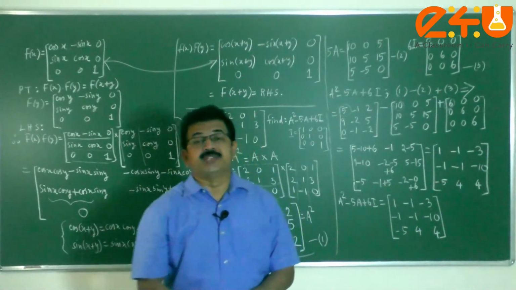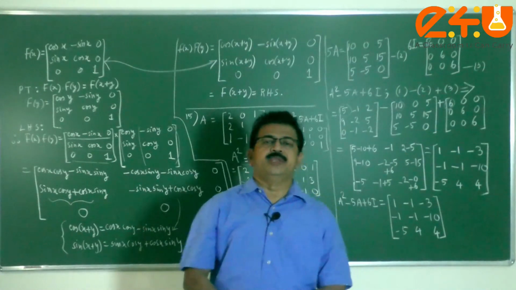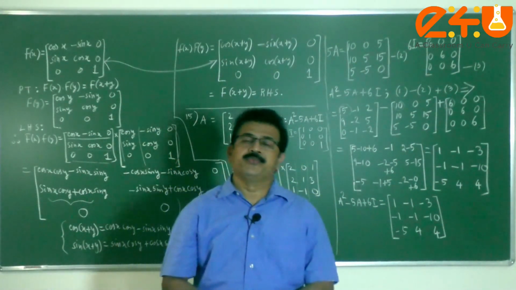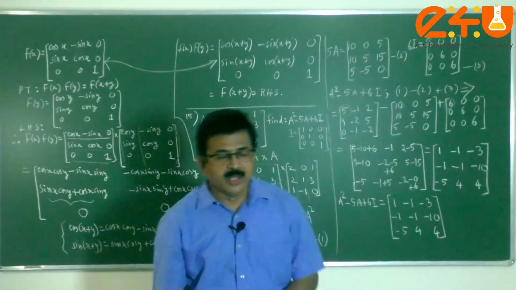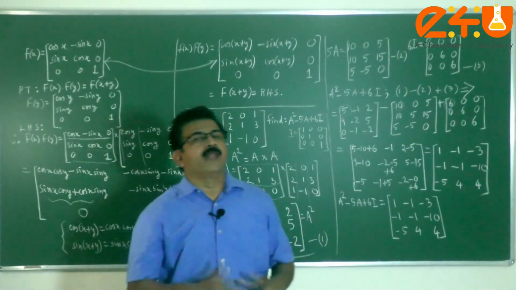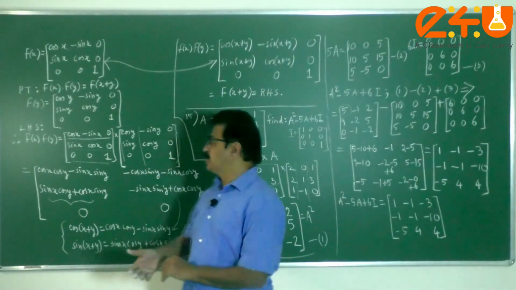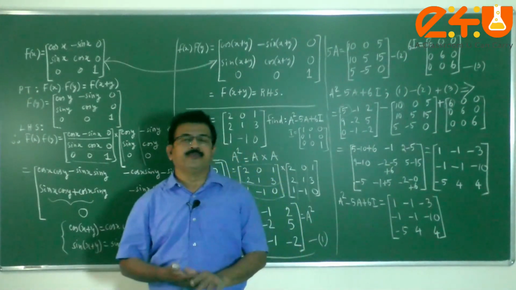Similar exercises you will find in board examinations for any kind of prove-that question for 4 marks. Even matrix multiplication involving large matrices with such kinds of functions can appear.